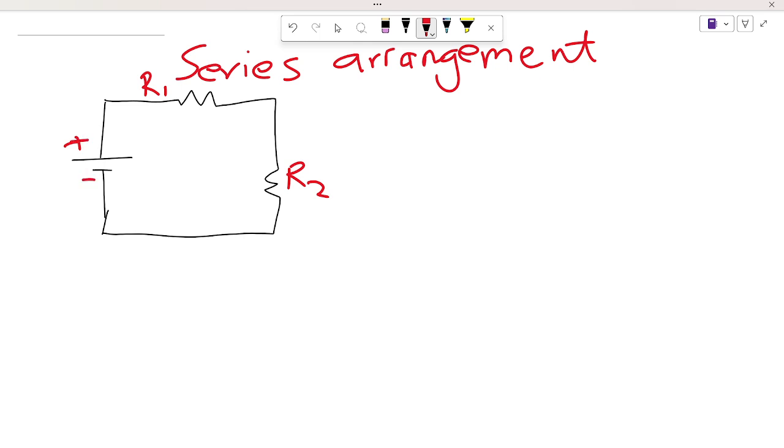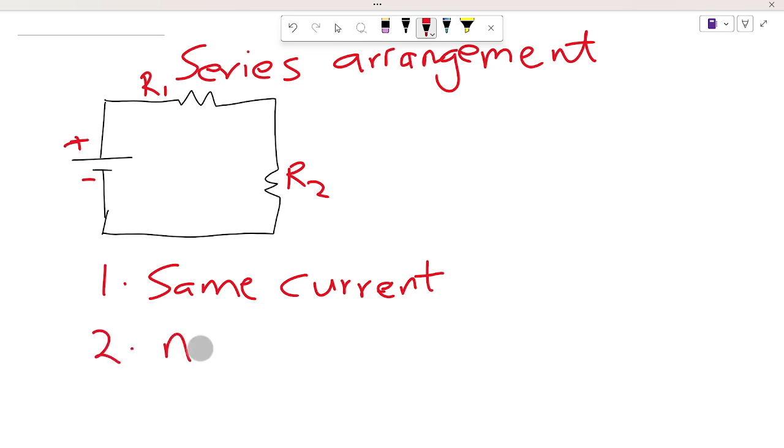We can say that resistors R1 and R2 are in series if, one, the same current is flowing through both resistors, and two, there is no node present.